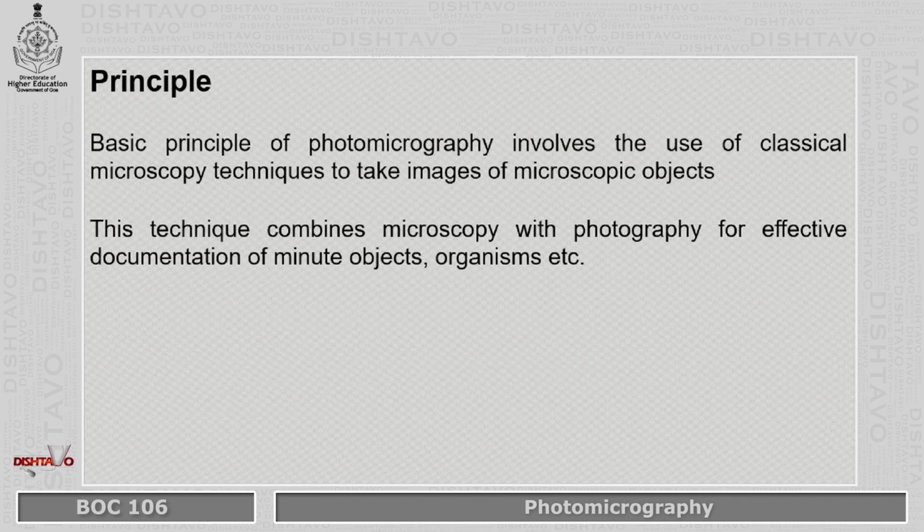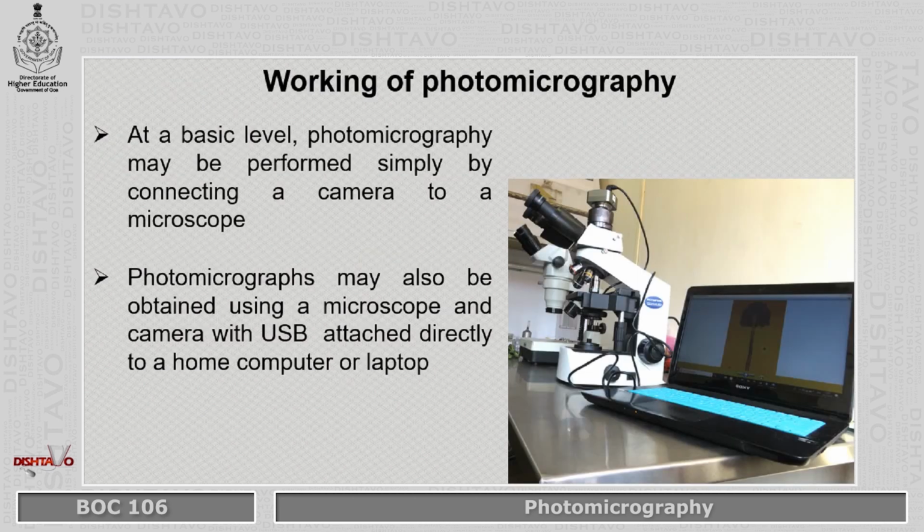The basic principle of photomicrography involves the use of classical microscopy technique to take images of microscopic objects or microorganisms, and this technique combines microscopy with photography for effective documentation of these minute objects.